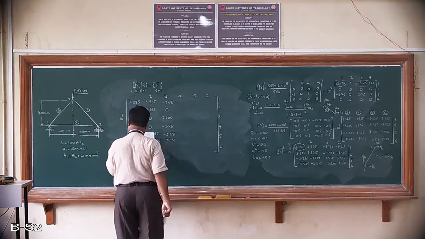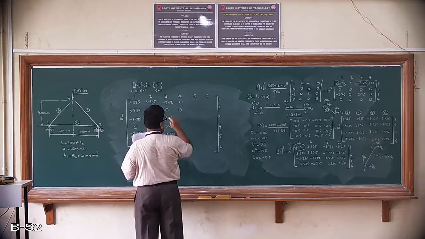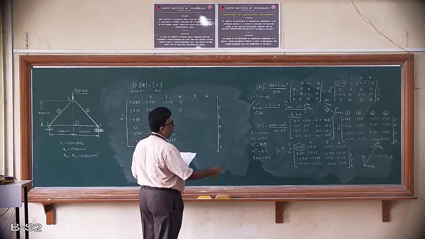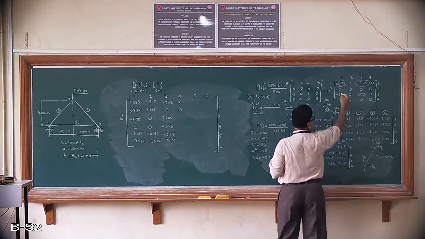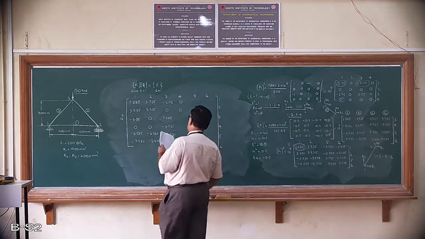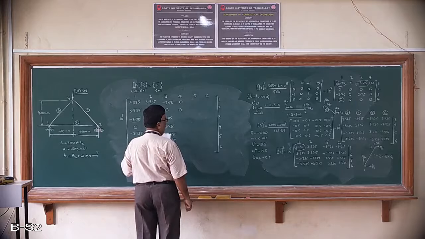Yes, this will come. Fourth, it is going to be 0, 0 because there is no 4, 1 or 1, 4. Both are zeros here. They are going to be zeros, so there is no entry there. Similarly, 2, 4 and 4, 2 are again going to be 0.